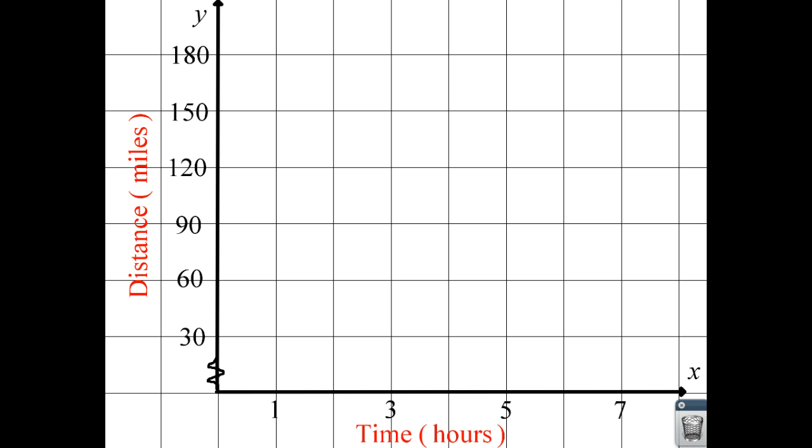So if I graph 60 miles per hour, starting at the origin, for every 1 hour, I'm going to travel 60 miles. So after hour 2, if I go another 60 miles, I'm going to be at 120. After 3 hours of travel, I should be all the way up at 180. And what we have here is this thing called a constant rate of change.